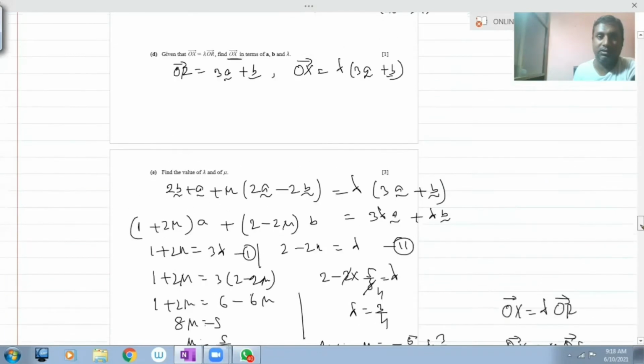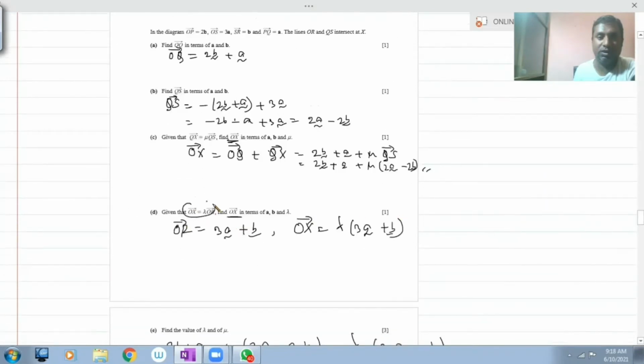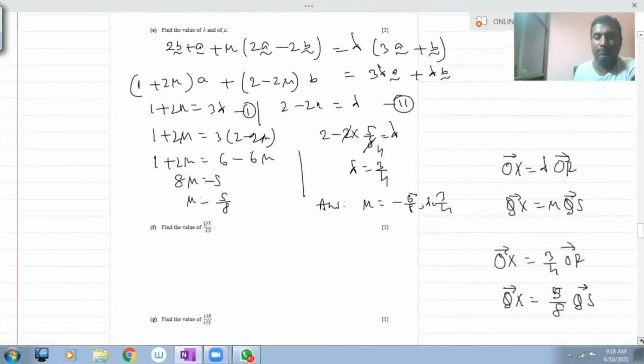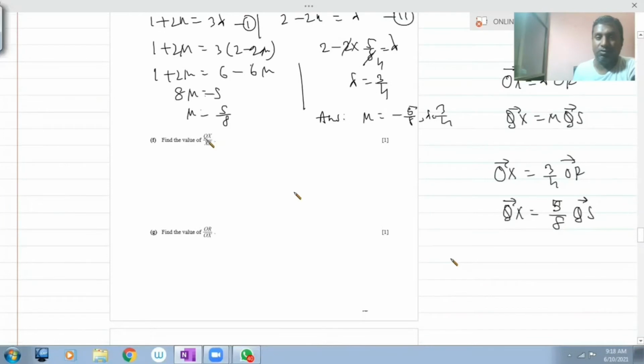In this question, I think these two will be very useful to find out this answer. So QX, XS. This is QX, I mean QS. QX is 5 by 8 times QS.